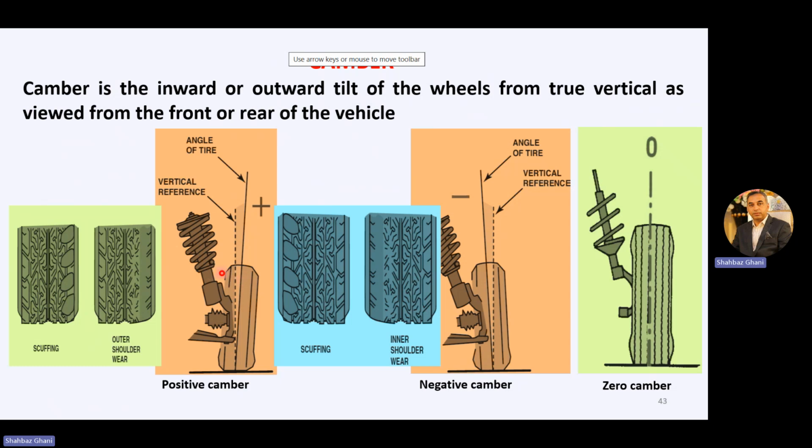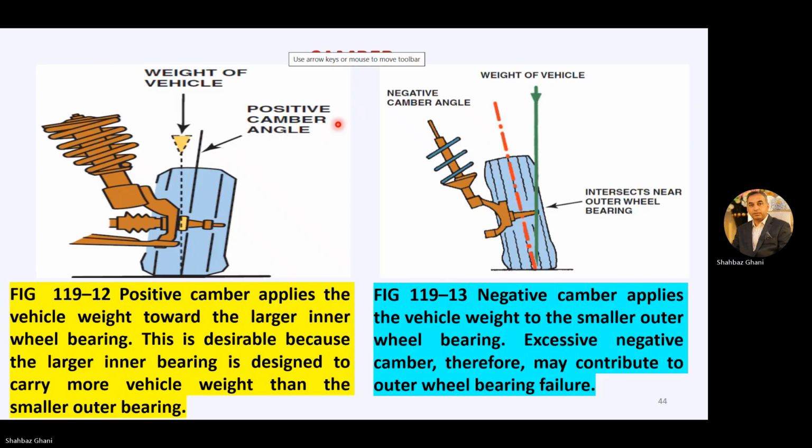If the wheel is tilted towards the outside, then the angle from the vertical reference is known as positive camber, if you are viewing from the front or the rear. So camber is the inward or outward tilt of the wheels from the true vertical axis as viewed from the front or rear of the vehicle. So this is your camber.